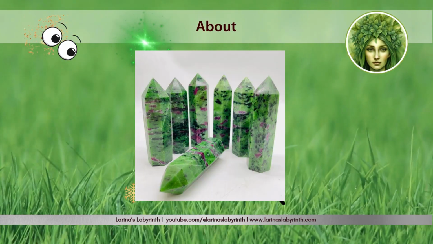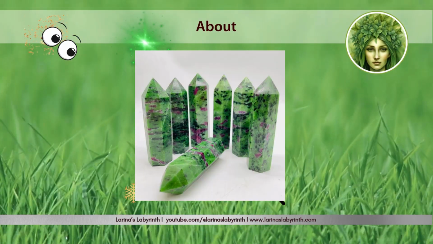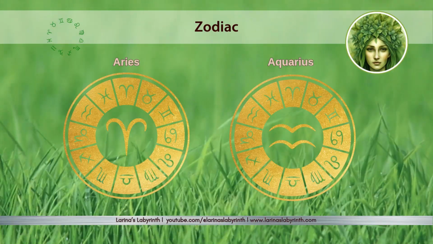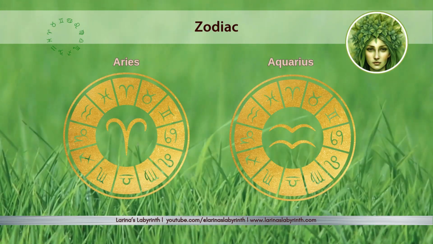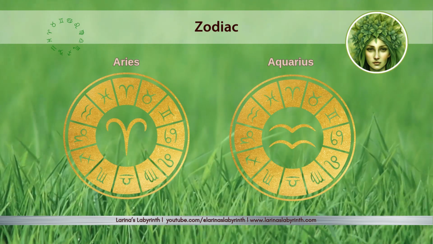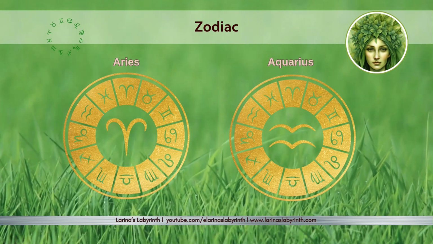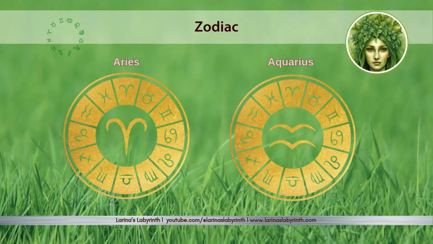But anyway, it is a popular crystal from a metaphysical perspective. So when it comes to the astro, there are people that will recommend it to be used by people with the Aries star sign or the Aquarius.